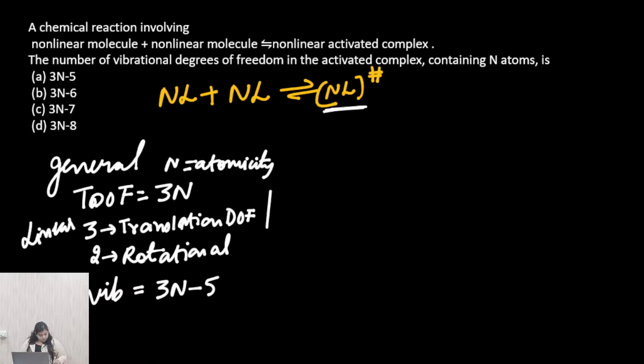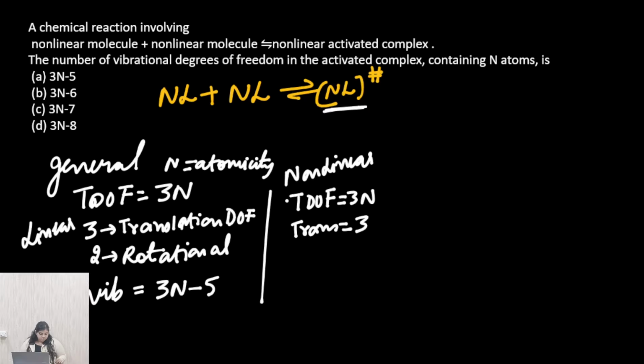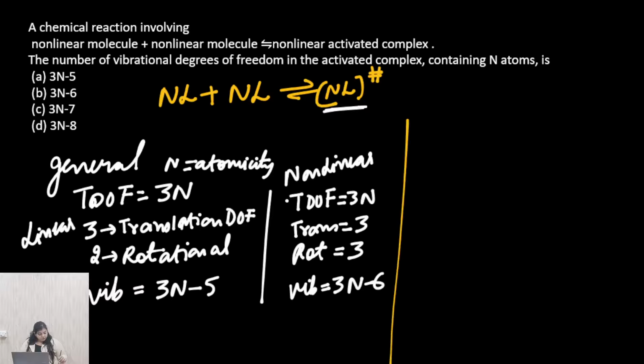But for non-linear molecules, the total degrees of freedom is again 3n, the translational degrees of freedom is 3, the rotational degrees of freedom is also 3 only, and the vibrational degrees of freedom will be 3n minus 6. This is what we write in general when we have to find the internal energy or look at the degrees of freedom.